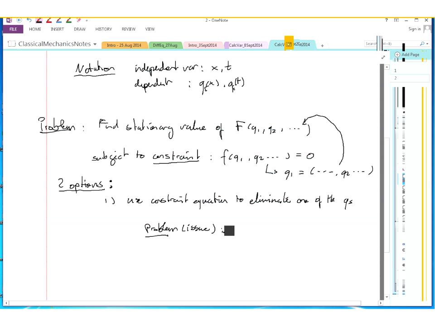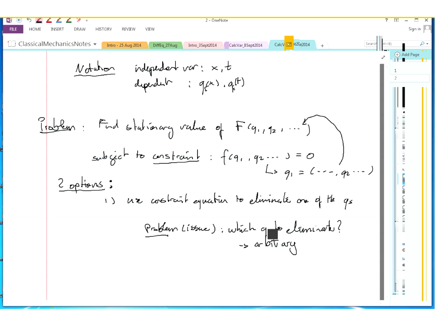But the issue is which q to eliminate. It's arbitrary.